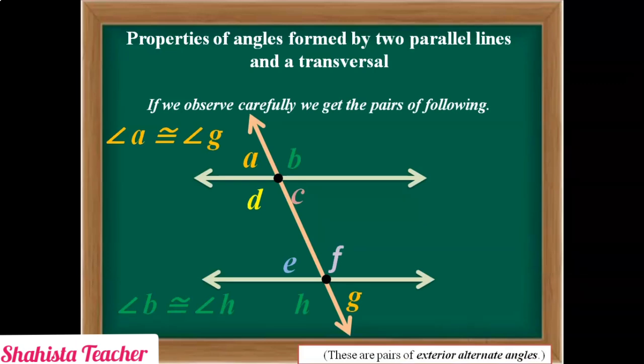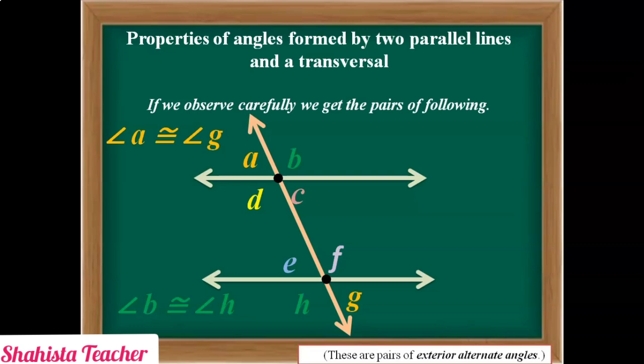Exterior alternate angles say opposite side, opposite direction. Angle A is opposite to angle G. Similarly, angle B is opposite to angle H.